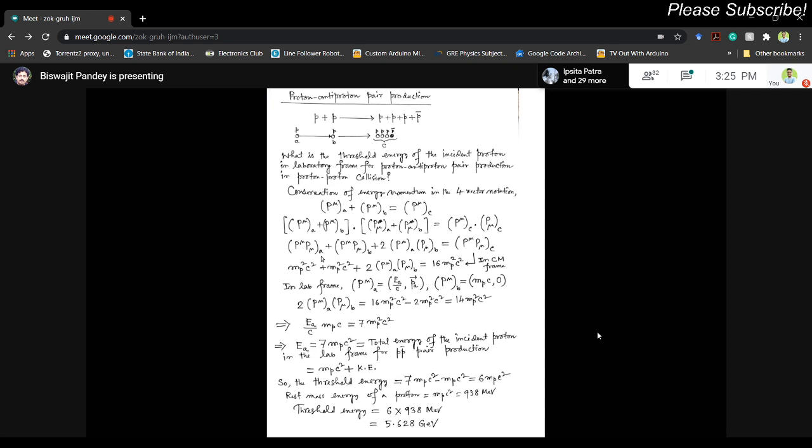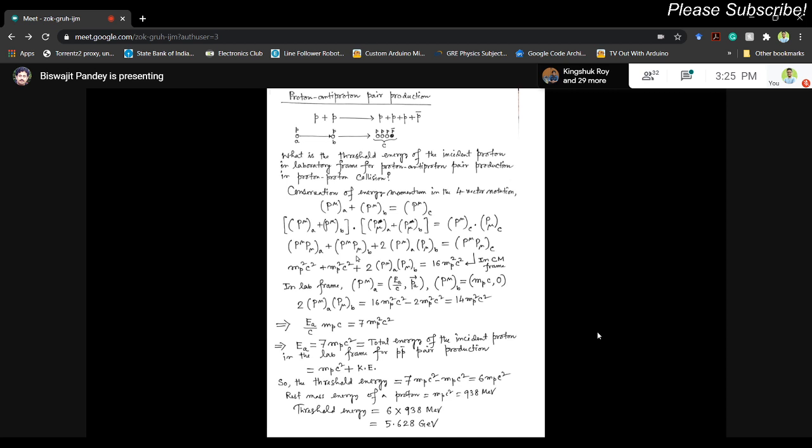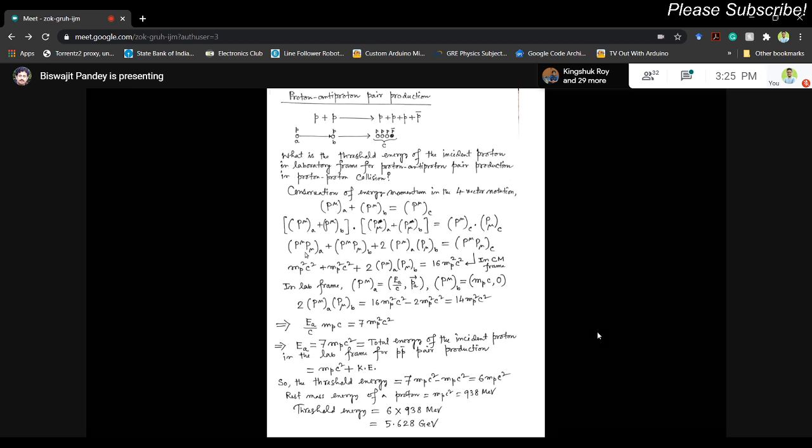There is no harm in using different kinds of notation, but you should be careful that it should not be confusing. So on the left hand side you see P mu of A plus P mu of B. That means the norm of the 4 momentum of proton A, the norm of the 4 momentum of proton B, plus a mixture of the two, P mu of A into P mu of B, equal to P mu C.